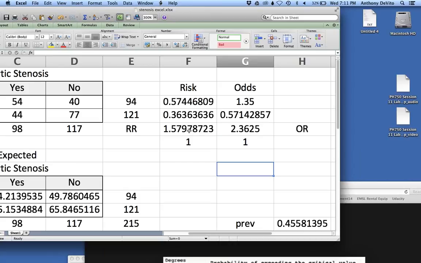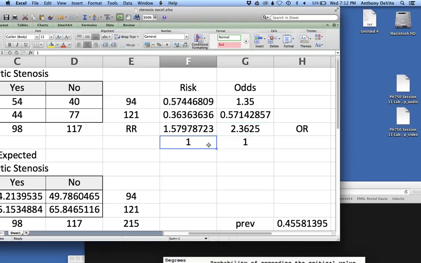The question now becomes: is 1.57 different just because of chance, or is it different enough that I can say that's a real, statistical difference, with less than 5% chance of being wrong, with 95% confidence that it's different than 1? Okay, and how about this 2.35? Can I say that it's different than 1 with 95% confidence? The number is not quite as important as whether or not it's really different than 1.